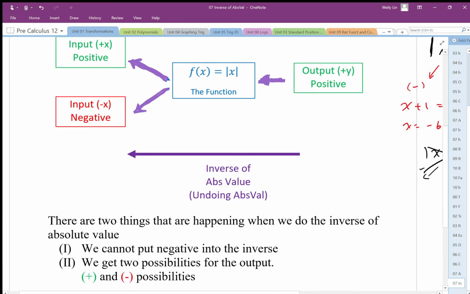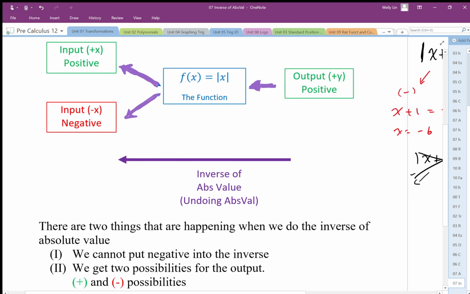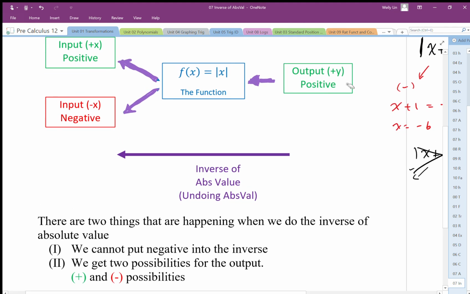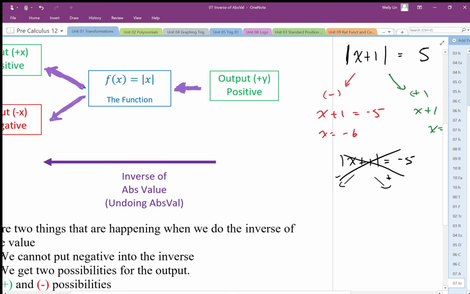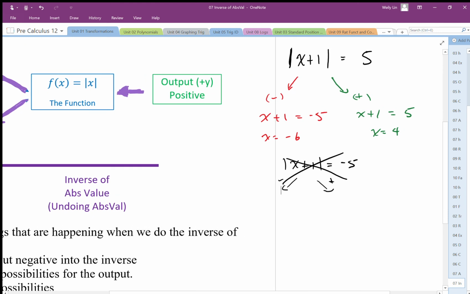So there are two issues here when we undo absolute value. One of them is we cannot put the negative into the inverse. You can only put positives going this way. Secondly, we get two possibilities for the output, a positive possibility and a negative possibility. Again, we saw this when we solved absolute value equations.